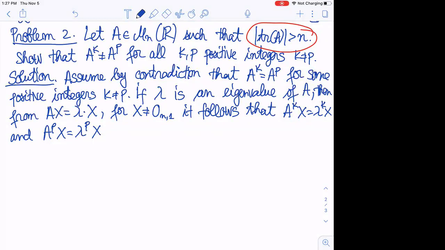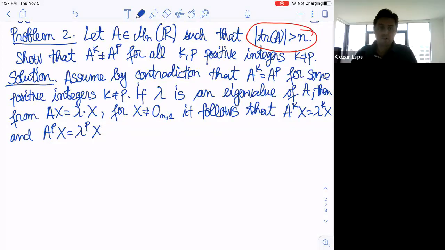Okay. All right. So we say that lambda is an eigenvalue for a matrix A if there exists a vector, let's say x, which is different than the zero vector, such that Ax is lambda x. And we call that vector the eigenvector associated to that eigenvalue lambda. So basically, I'm just applying this definition and iterating it, right?